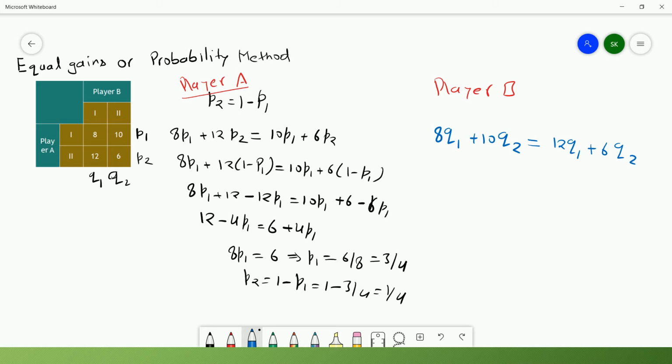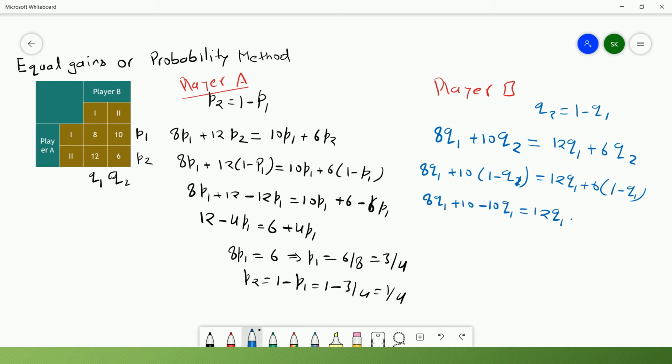So again we know here Q2 can be written as 1 minus Q1. So we will replace Q2 by 1 minus Q1. 8Q1 plus 10 minus 10Q1 equal to 12Q1 plus 6 minus 6Q1.